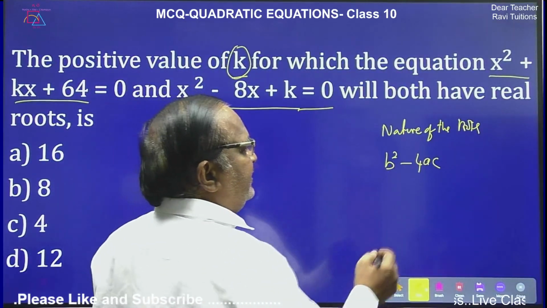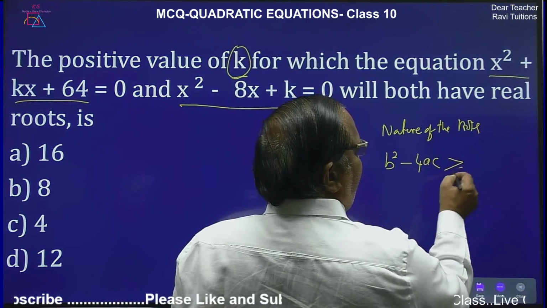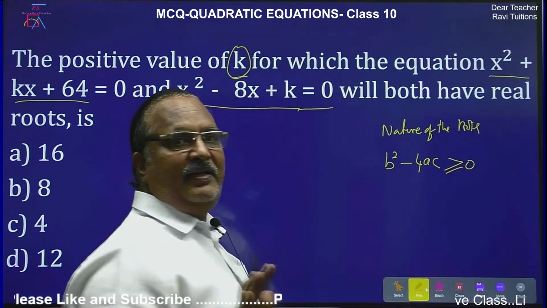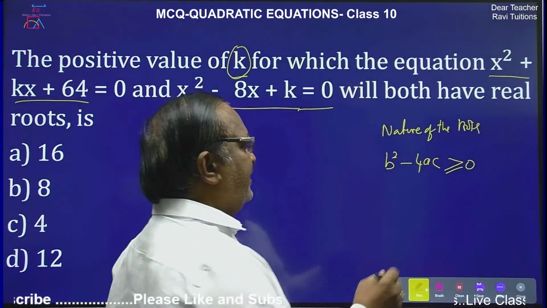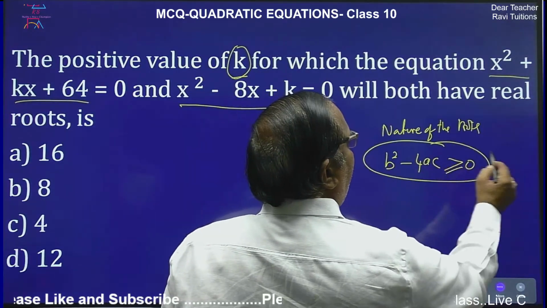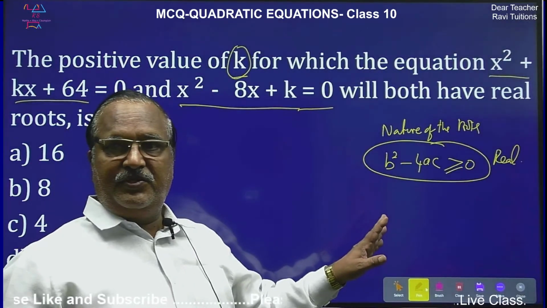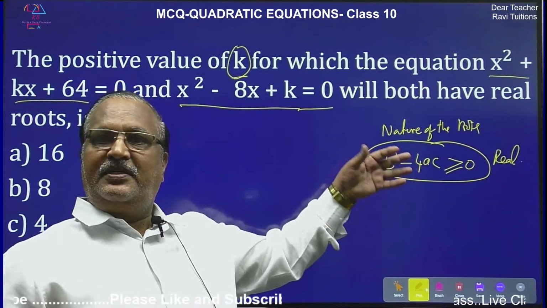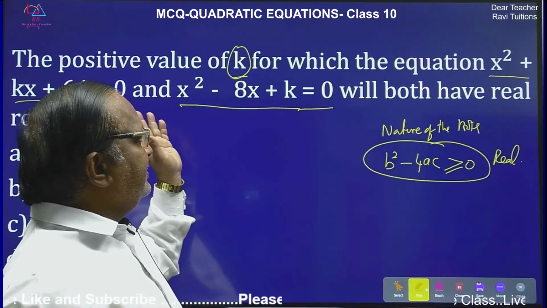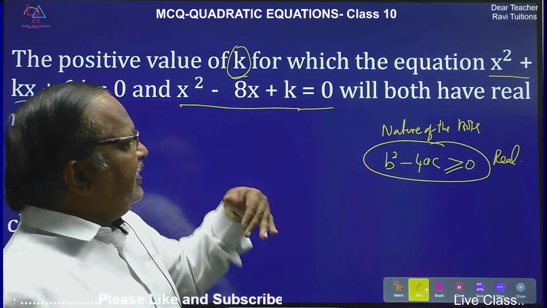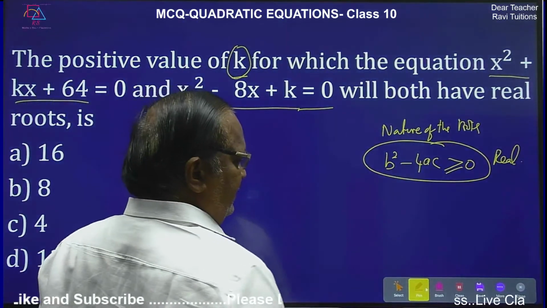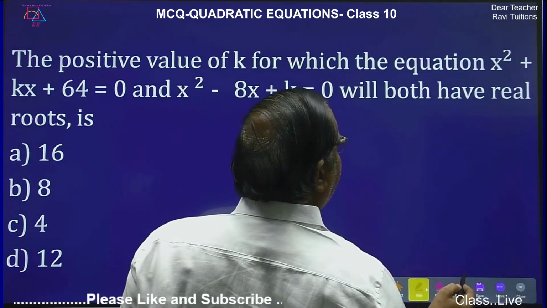Now if b square minus 4ac is greater than or equal to 0, then the roots are real. This is the condition for real roots. Now you have to substitute this in these equations. Because there are two equations, you do it for both.